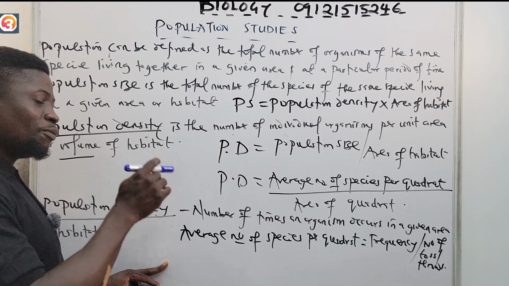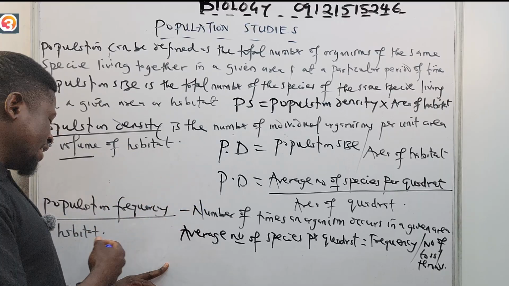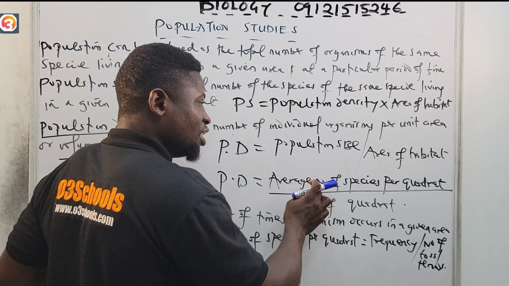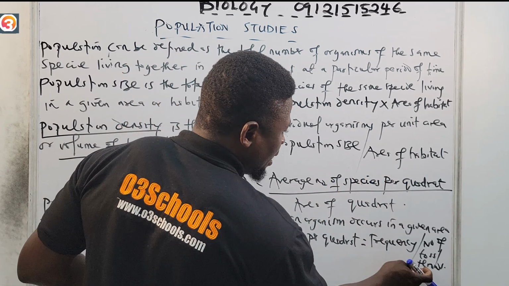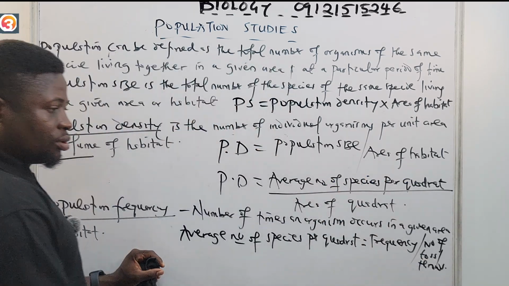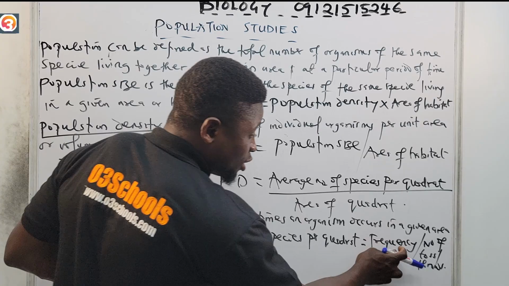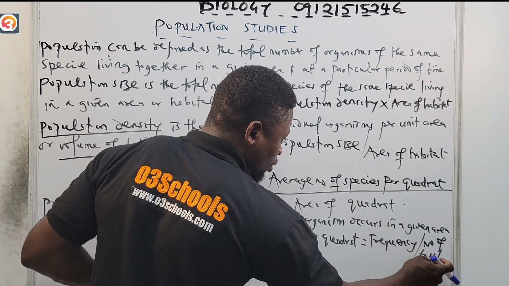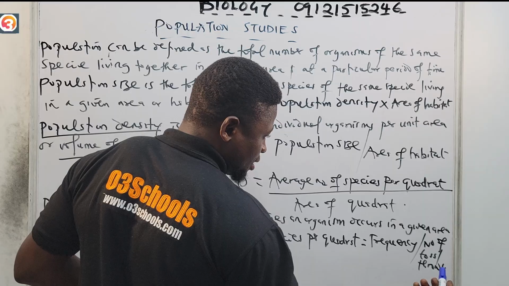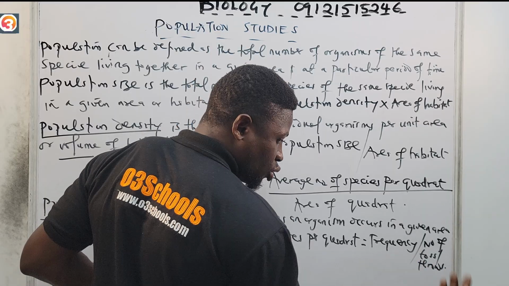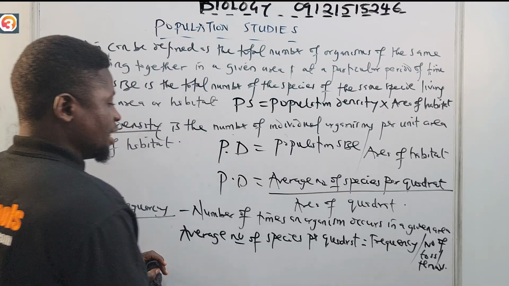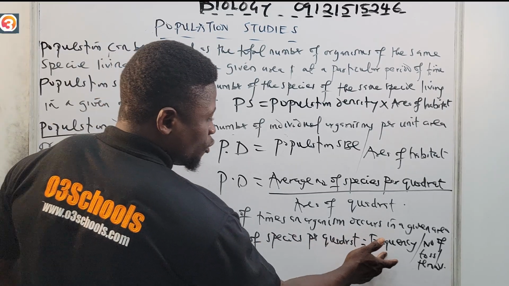So the average number of species per quadrat is frequency over number of tosses or throws. You can either use the word toss, because you can toss the quadrat, or you can throw it. So now that means that frequency here will be what now?